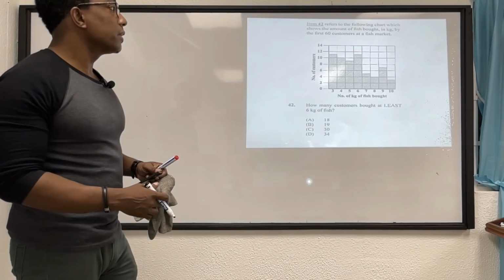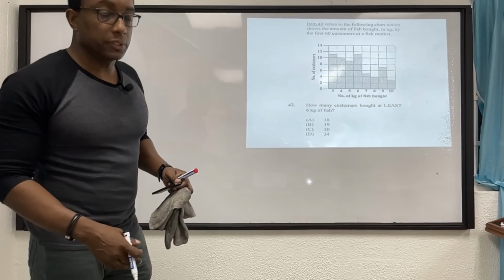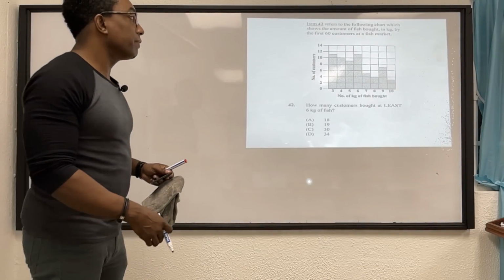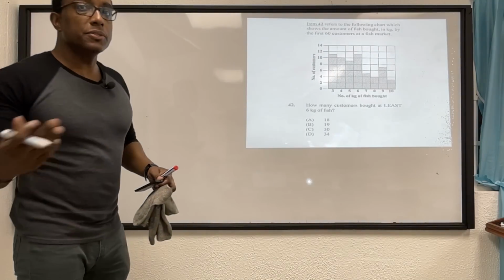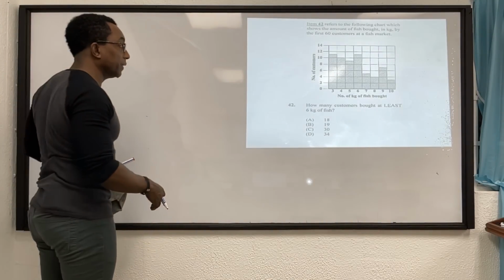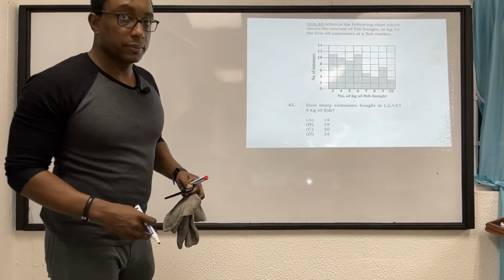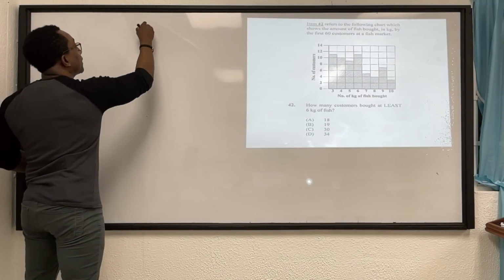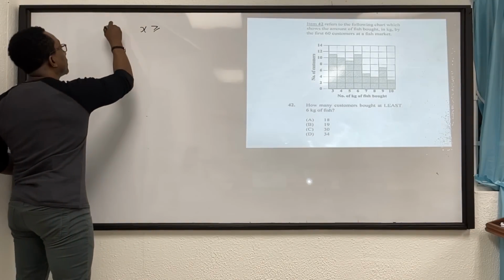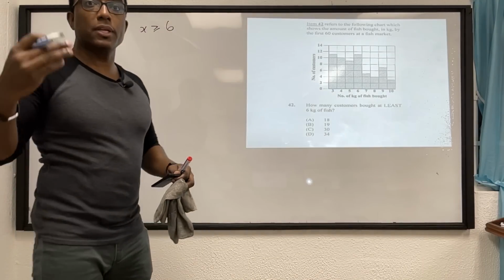How many customers bought at least 6 kilograms of fish? So you want the number of customers who bought at least 6 kilograms of fish, which will be customers who bought 6 or more. So at least 6, we're looking at x is greater than or equal to 6. So we're looking at 6 or more.